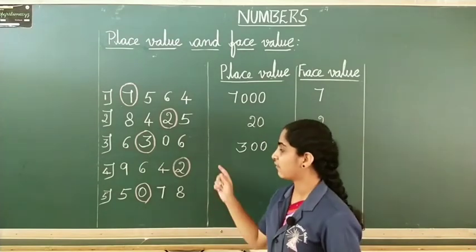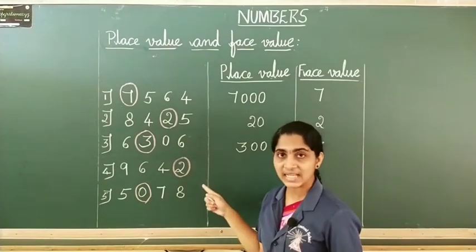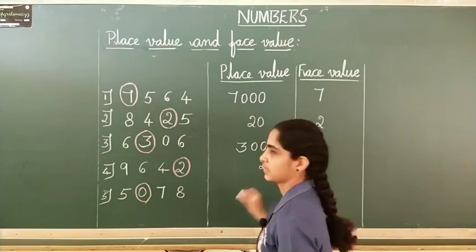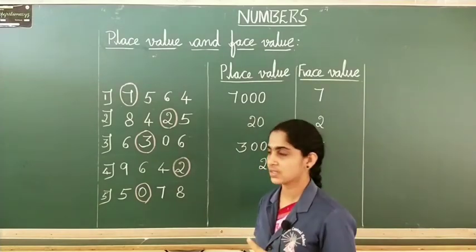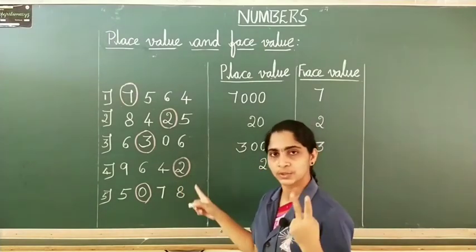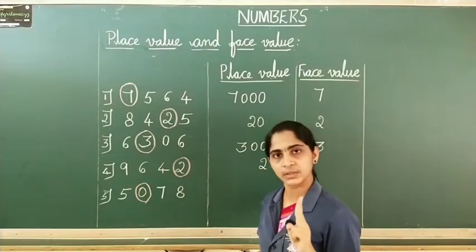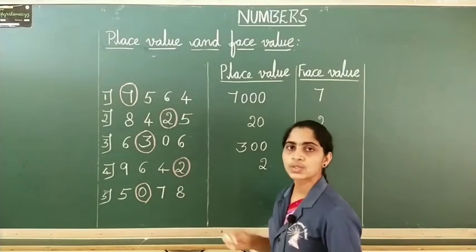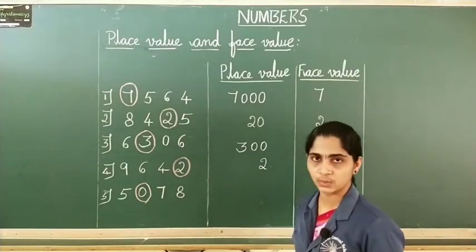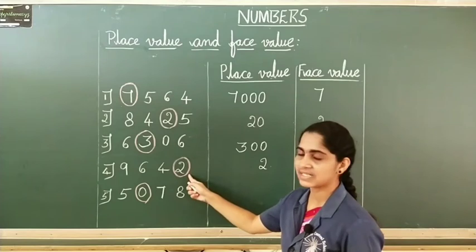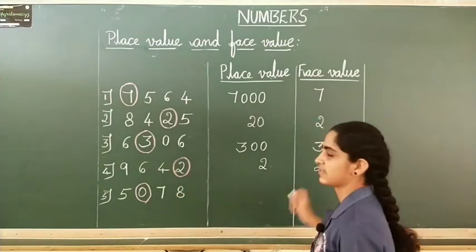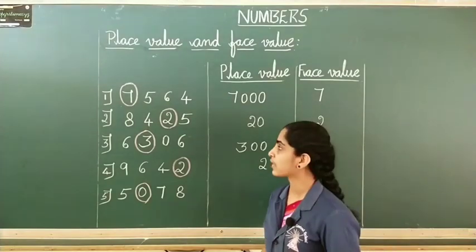That means the place value of this 2 is 2, because there are 2 ones. 2 ones are nothing but 2, right? So the place value of 2 is 2. So what about the face value? Yes, that digit itself is the face value. So 2 itself is the face value.